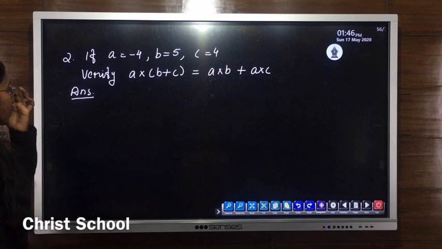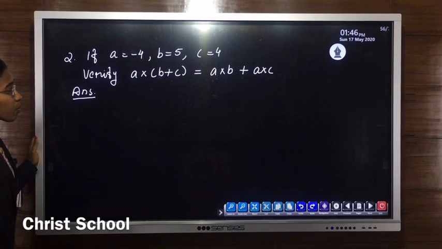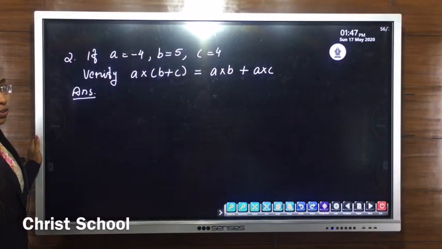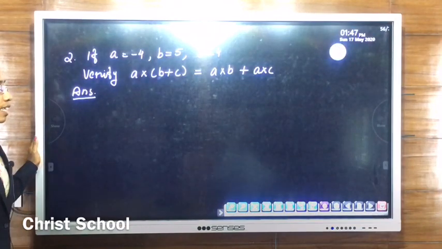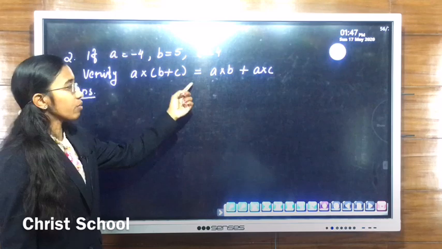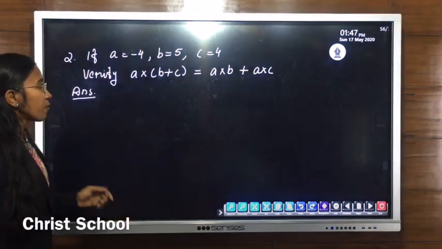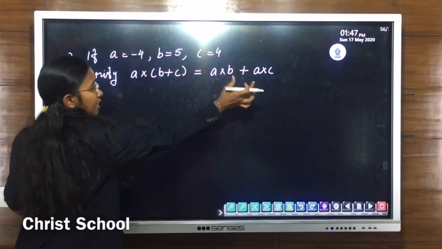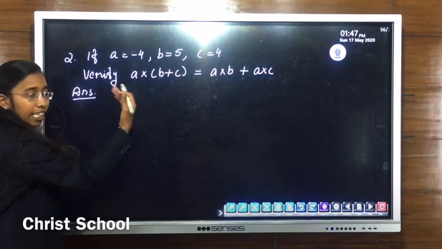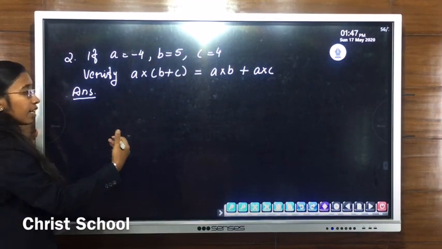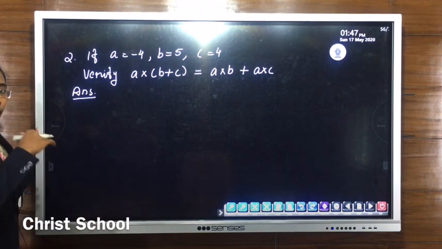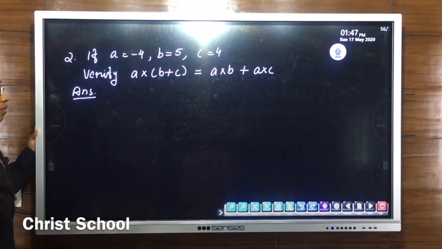And second question. If A is equal to minus 4, B is equal to 5, and C is equal to 4, verify A into B plus C equal to A into B plus A into C. Verify means this is our LHS and this is our RHS. Separately we are taking LHS and RHS and verifying whether both are equal or not.